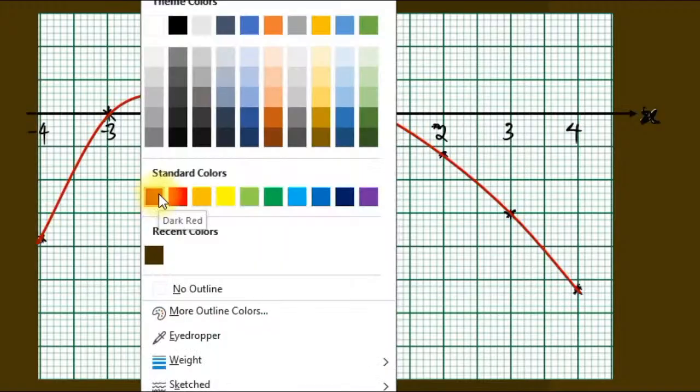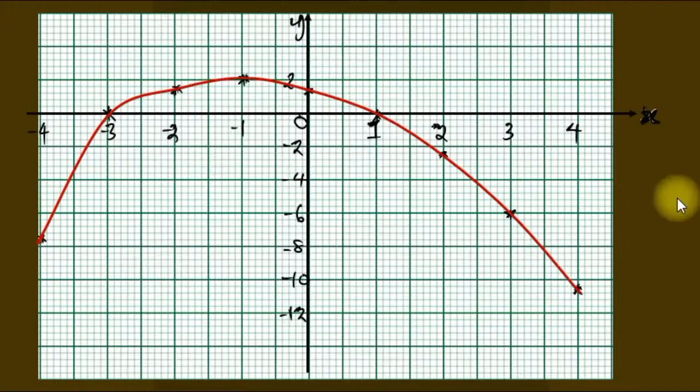Okay. So this is now y equals what? So the graph is y equals minus half x plus 3 x minus 1.